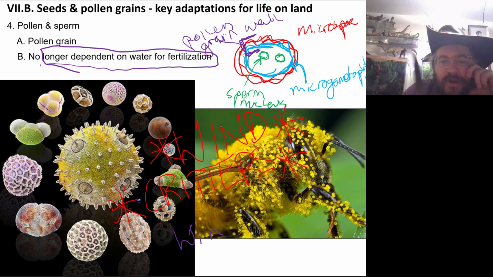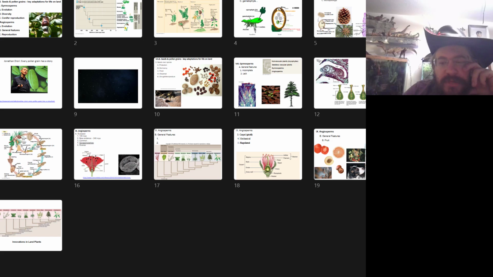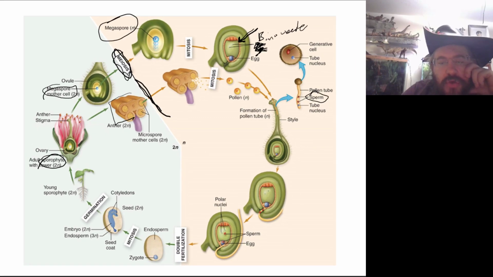Only in angiosperms, both those suckers get used. So, angiosperms have 2 functional sperm nuclei. So here's our pollen with the sperm nuclei. Pollen lands on the stigma, which makes sense because that's the site of pollination. It grows a big old long pollen tube.